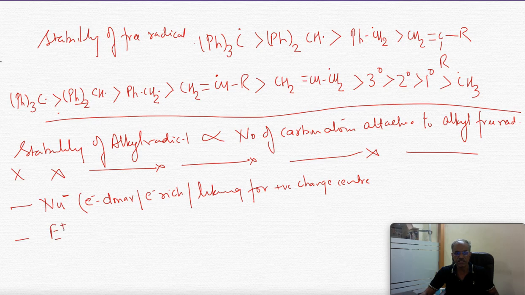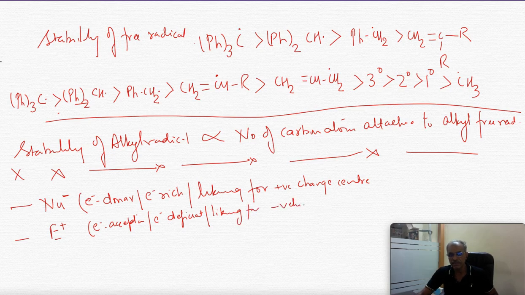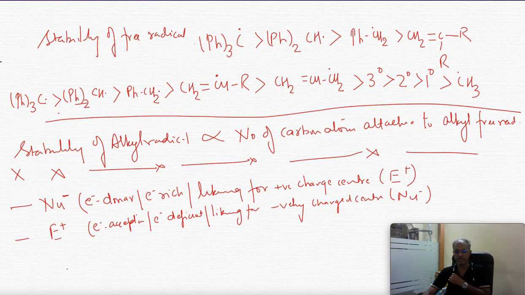Electrophile E plus: electron acceptor, electron deficient, with a liking for a negatively charged center. Negatively charged center is nucleophile and positively charged center is electrophile. Fine?